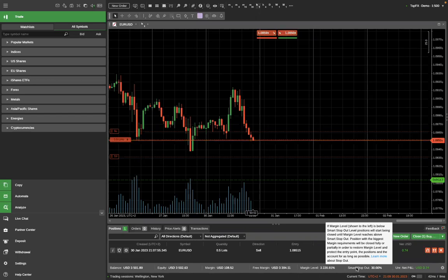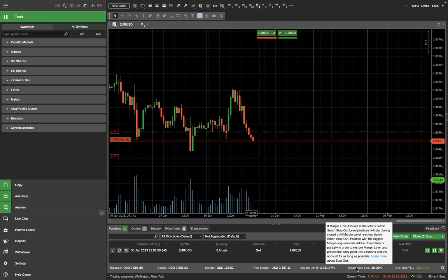So after we open this position, let me just focus here a little bit on the smart stop out order. As a trader, you possibly know that we have two types of stop out. You can think of a stop out as a certain margin level, denoted in percent, at which your broker, and we are of course trading with TopFX, will start to automatically close your open positions.